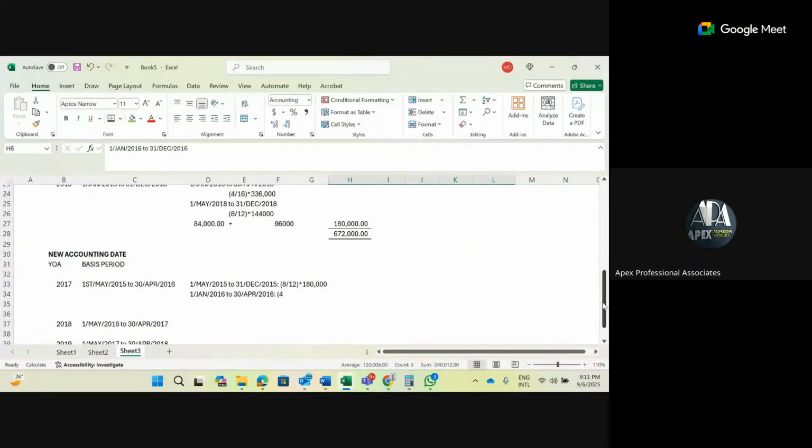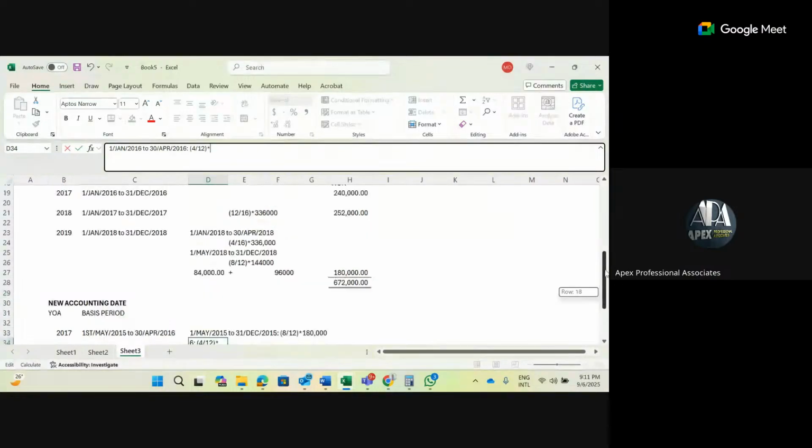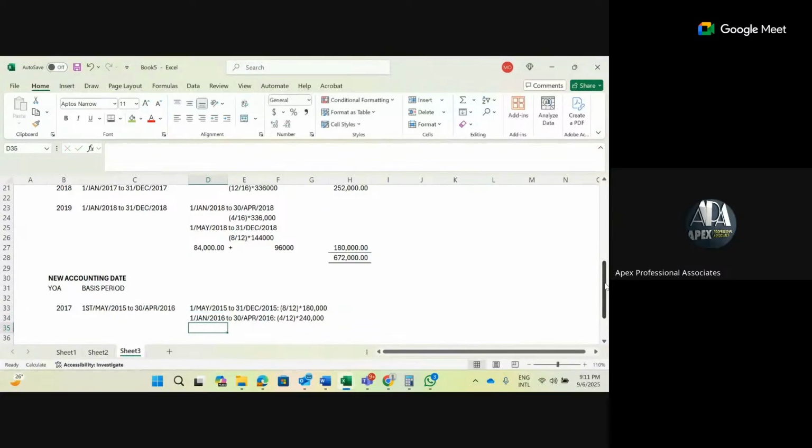So that's going to be 4 divided by 12 times, what is the profit? 240,000 naira.